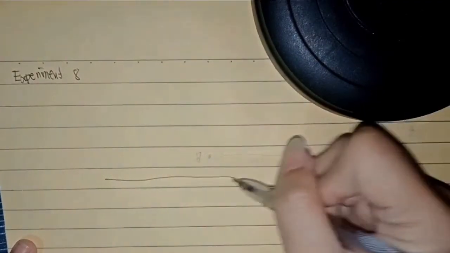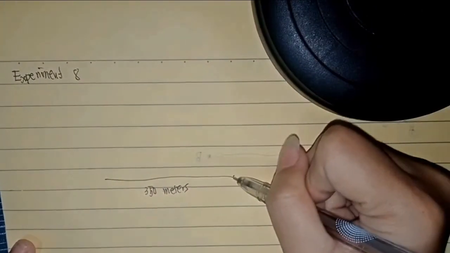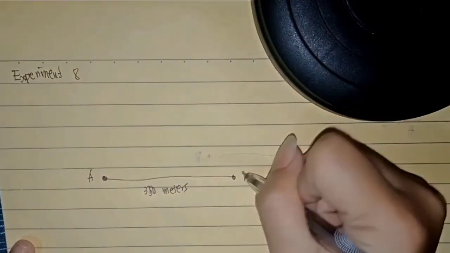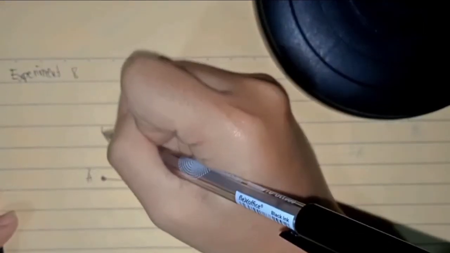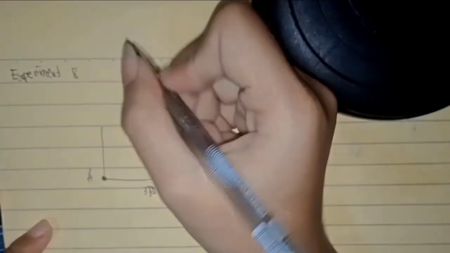This is the 350 meter distance between the person A and the person B. Ito yung person B at ito yung person A. Yung person A or yung biker A, lumiko siya papuntang north at a rate of 5 meters per second. At ito yung magiging dx over dt natin.